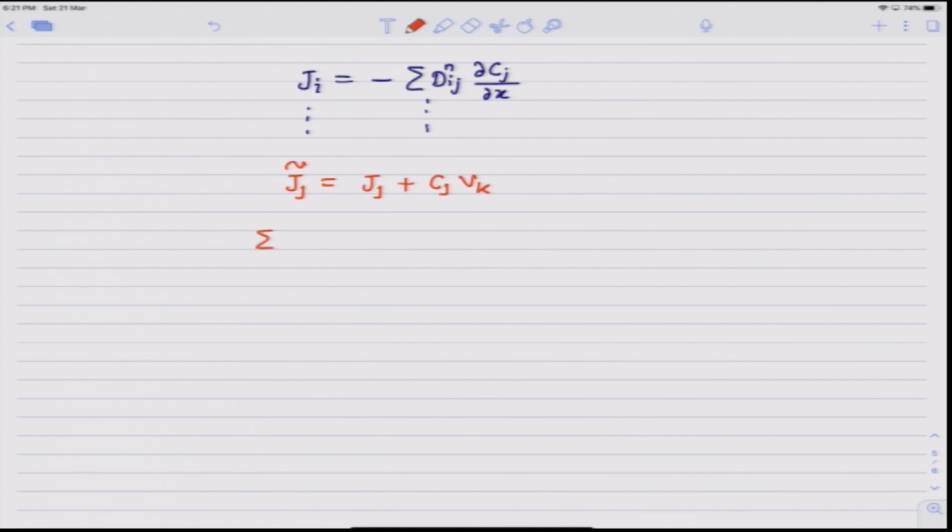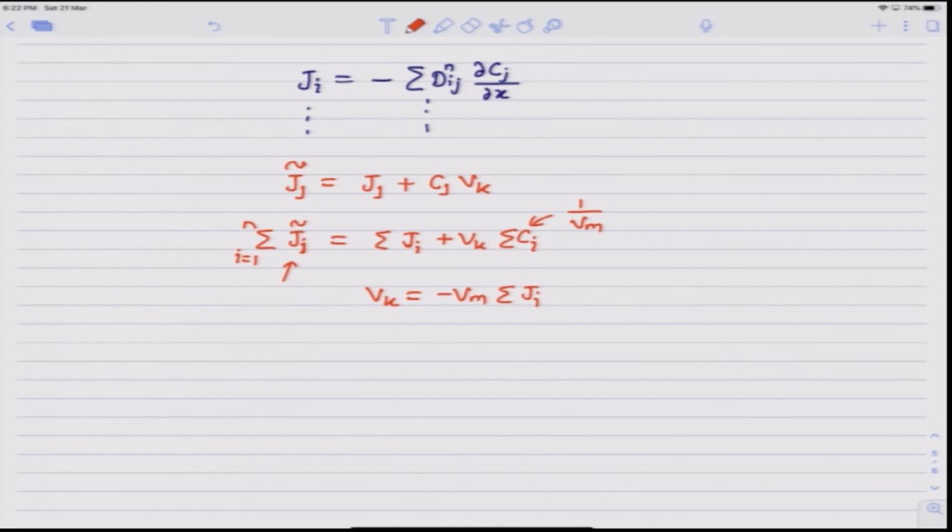If we take the summation over all components i equal to 1 to n, on both sides the summation of J_i tilde is equal to summation of J_i plus Vk times summation of C_i, and summation of C_i we know is nothing but 1 over Vm, and the summation of J_i tilde should be equal to 0. So we have Vk is equal to minus Vm times sigma J_i.